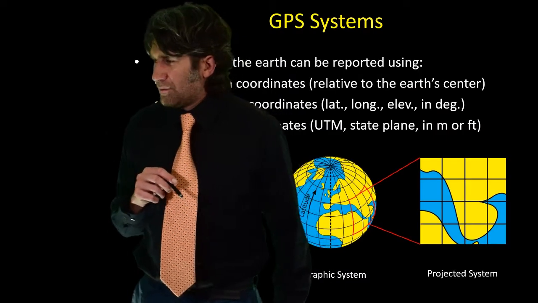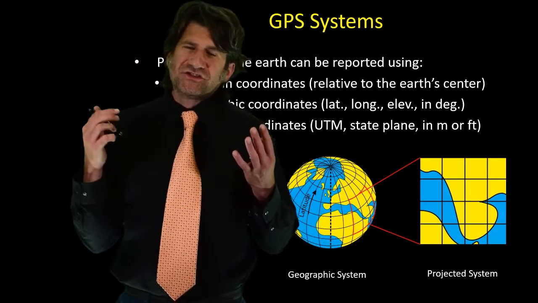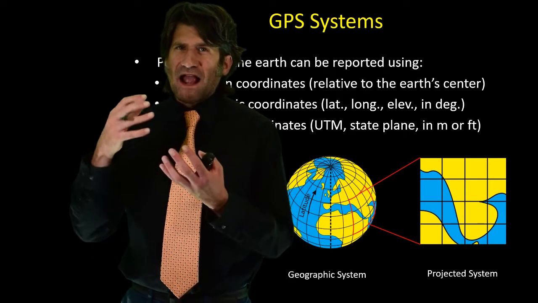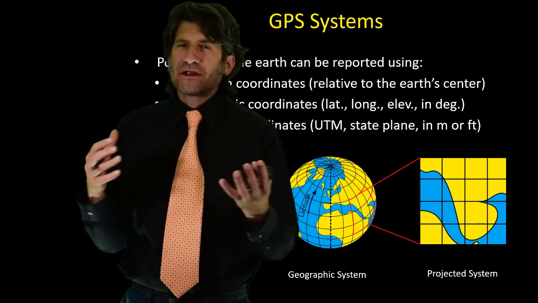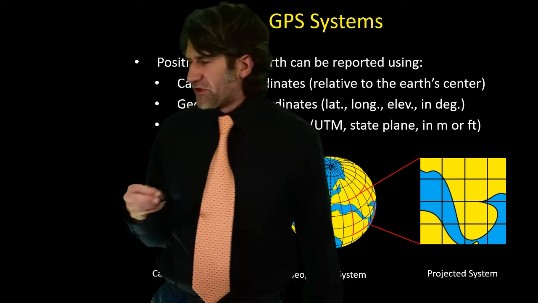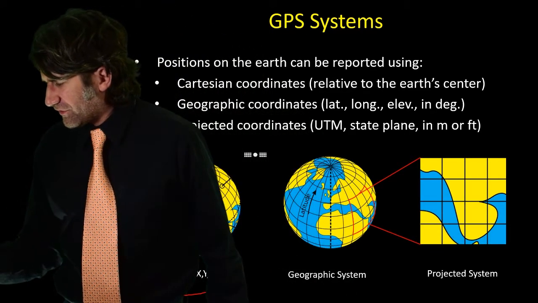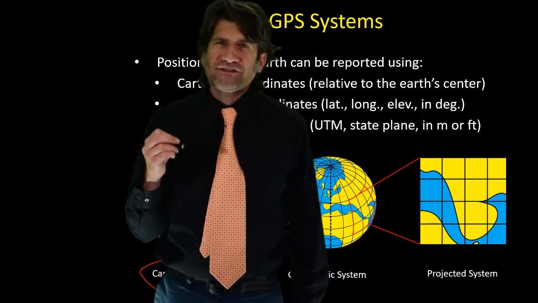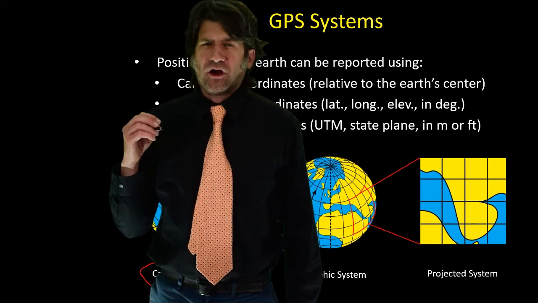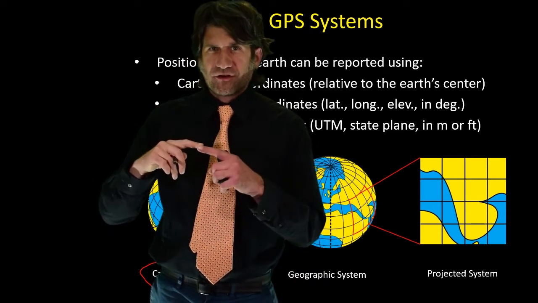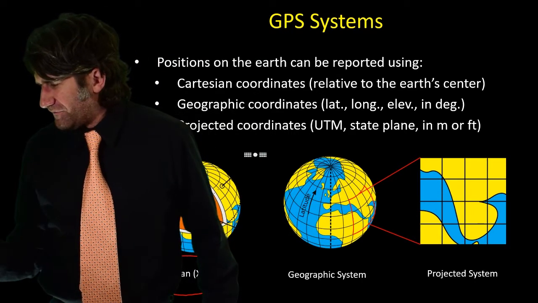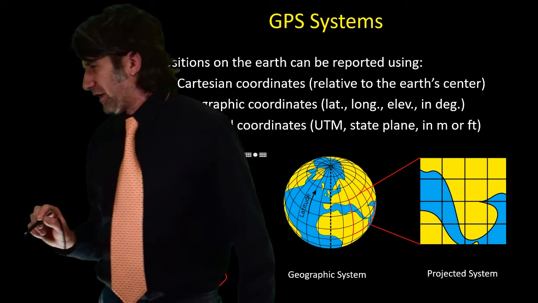Okay, so when we use a GPS system, because these are satellite-based, how you report where you are can be done in different ways. You could present your position in what's known as a Cartesian system, where you're asking for your position in X, Y, and Z from a known point at the center of the Earth.